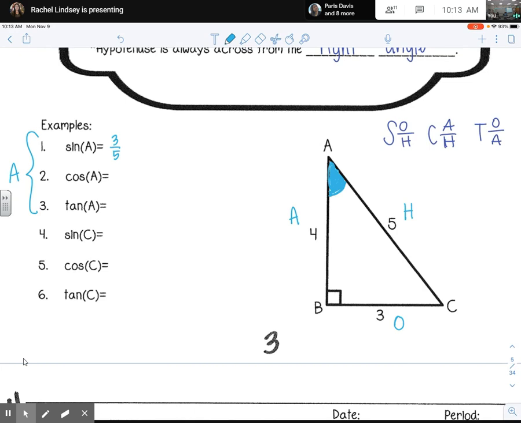But this one doesn't reduce. Then cosine, adjacent over hypotenuse, so 4 over 5. Tangent of angle A would be opposite over adjacent, which is 3 over 4.